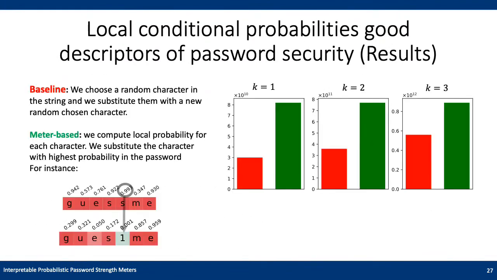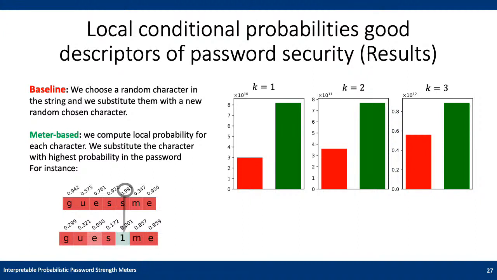Here are the results. We compare two perturbation strategies. The first is a baseline obtained by choosing the characters to be substituted randomly. The second is the one based on the local conditional probabilities estimated by our meter. That is, we perturb the character with the highest probability in the string.